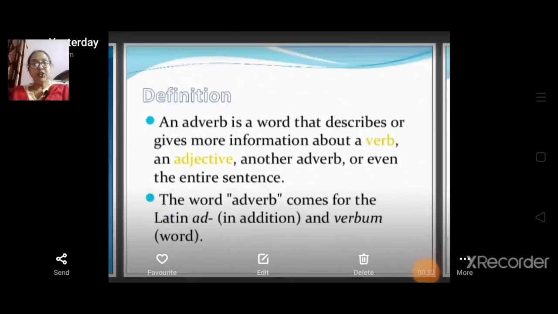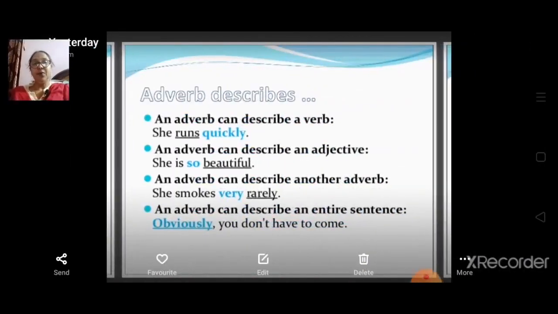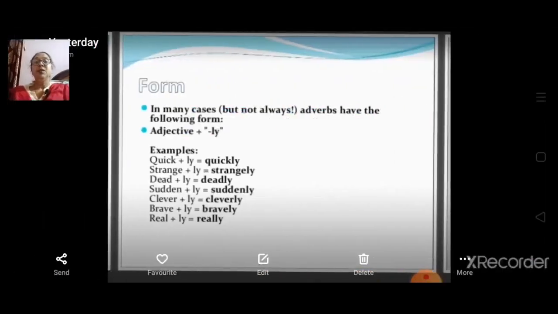So the definition of adverb is as follows. An adverb is a word that indicates or describes or gives more information about a verb, an adjective, another adverb, or even the entire sentence. We have already discussed this definition yesterday. Now we are moving to how many types of adverbs there are.